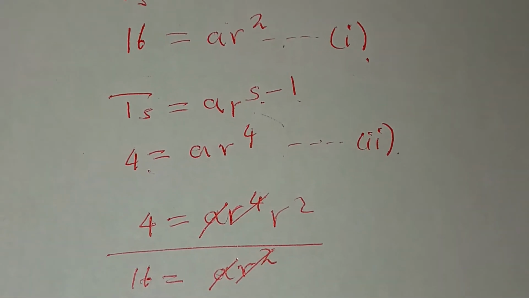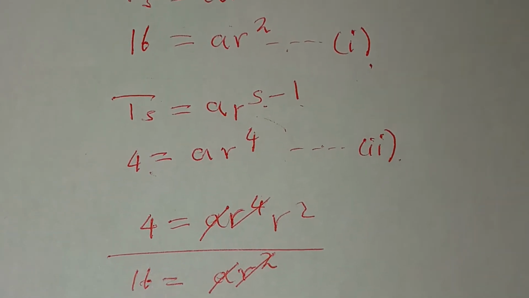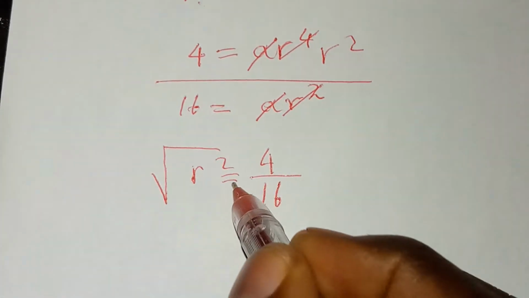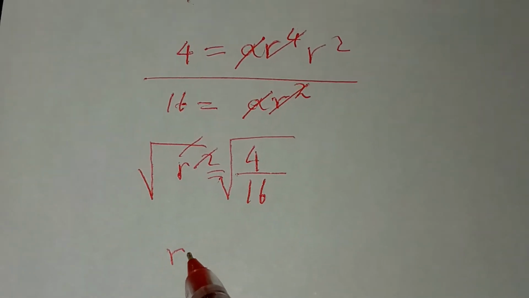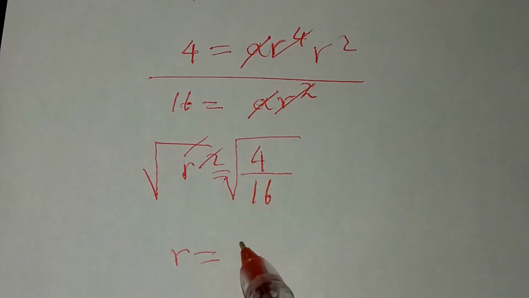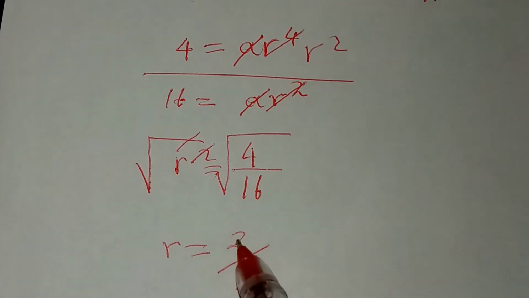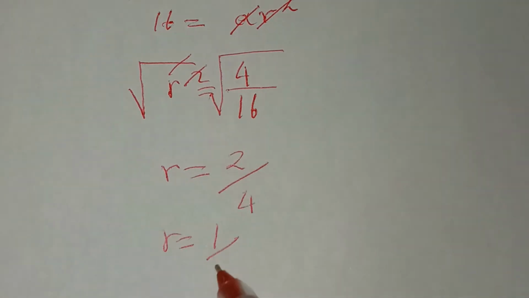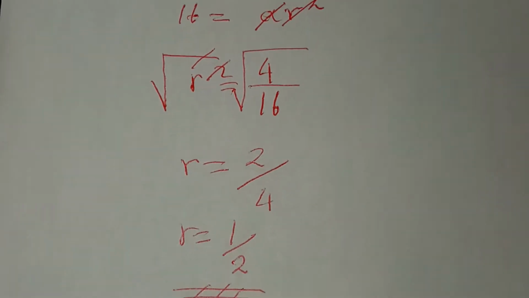Then r to the power 2 is equal to 4 divided by 16. Then you square root both sides, the square root and the power cancel out. The common ratio will be equal to the square root of 4, which is 2, over the square root of 16, which is 4. But you can reduce this, hence the common ratio will be 1 over 2.